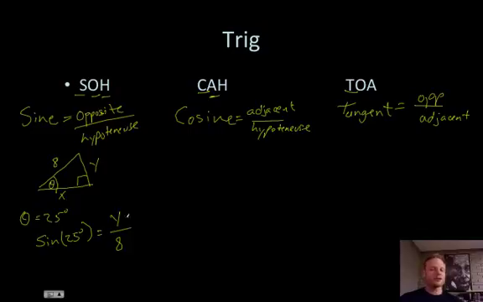Okay, so I have one unknown and two knowns. Can I solve for y? Absolutely. Basically, in the end, you're going to cross multiply sine 25 times 8, and if you do that, I get y equals about 3.4. Okay, and you can check on your calculator to make sure you're able to do this, because it's important that you are able to actually do these trig functions. Okay, so that's an example dealing with sine.